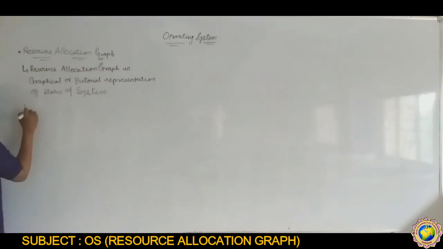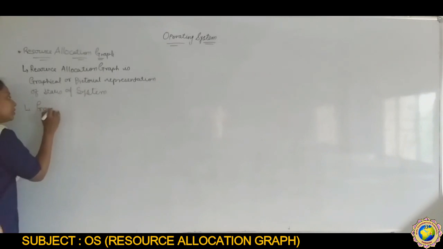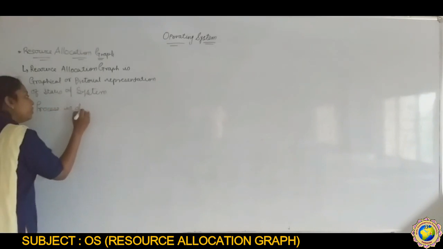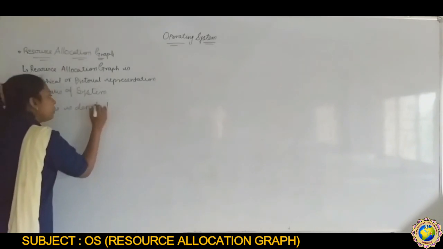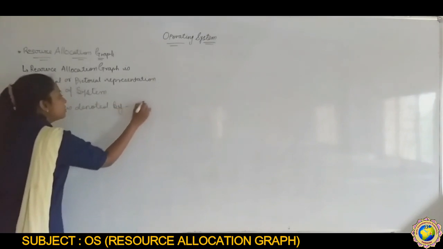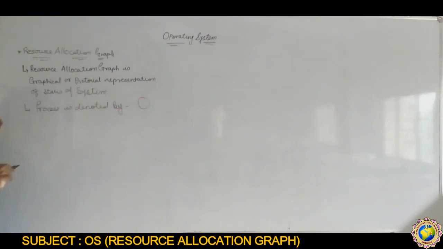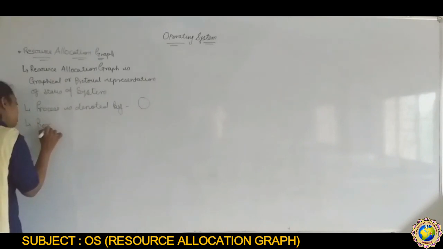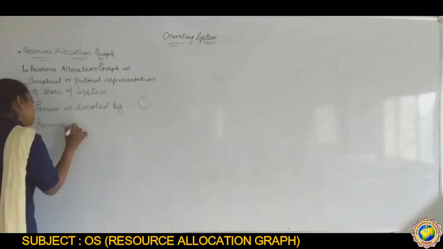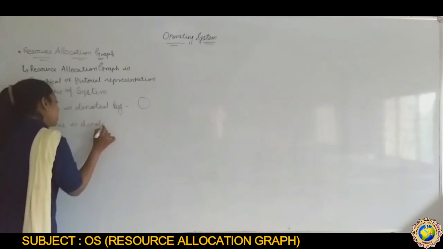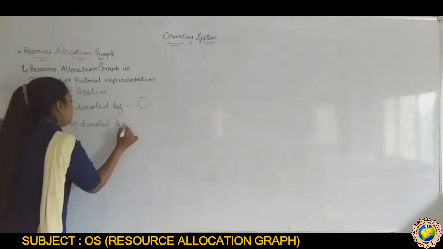See, a process is denoted by a circle, and a resource is denoted by a rectangle.